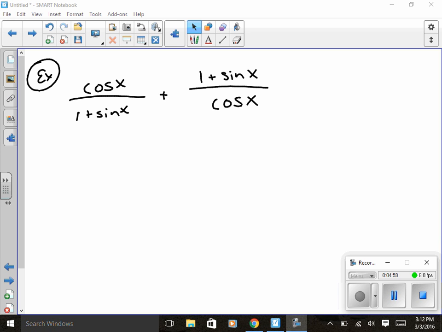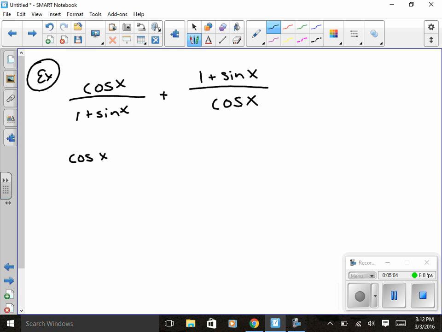I'm going to take the first part and multiply it by the denominator of the second fraction.